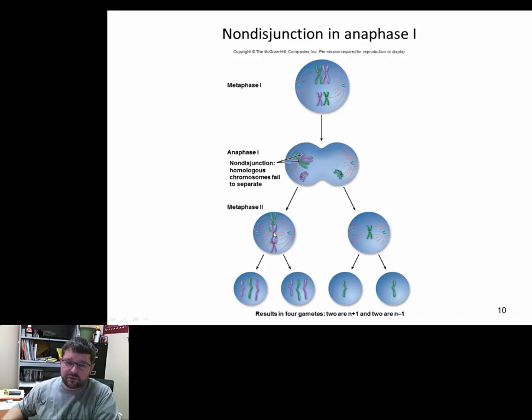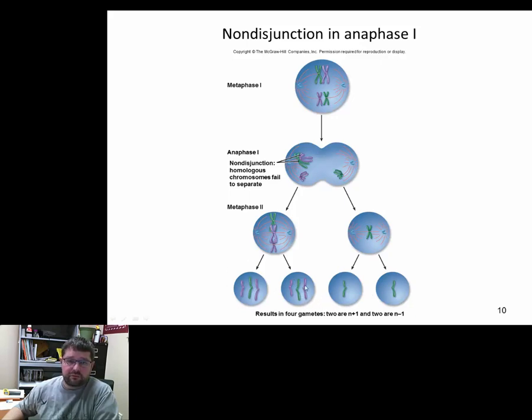Then they get separated after metaphase 2, but you already have too many copies of this chromosome in each one of these cells and not enough in this cell, which results in aneuploidy, okay?